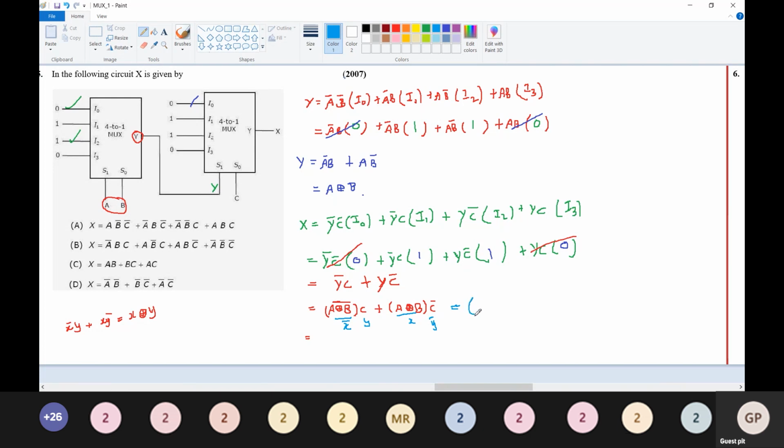A XOR B can be written as A dash B dash plus A B into C plus A dash B plus A B dash into C dash, okay, equal to.